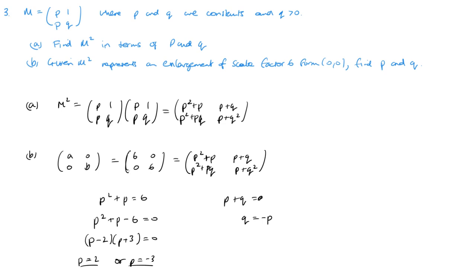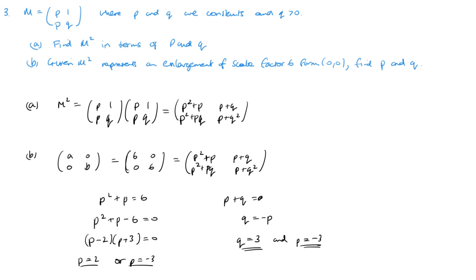So if P is 2, Q is negative 2, which would mean it's less than 0. So P must be negative 3. So that means that Q equals 3 and P equals negative 3. And that's how I find the answers there.